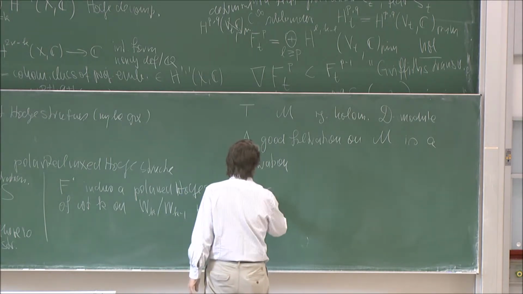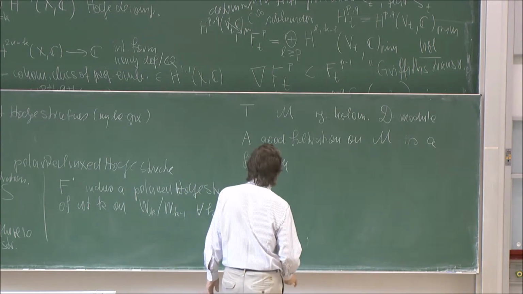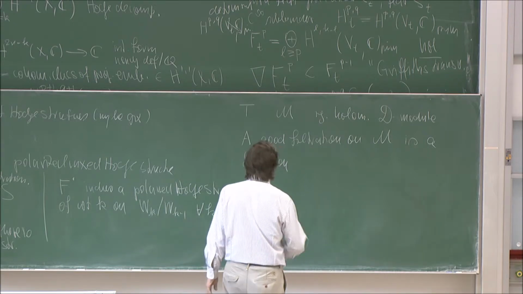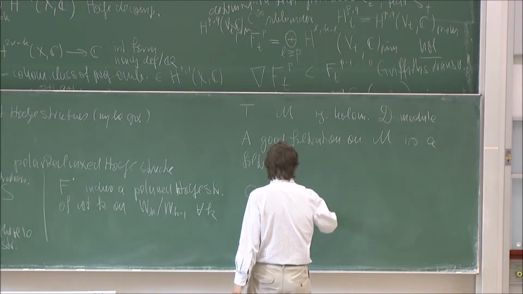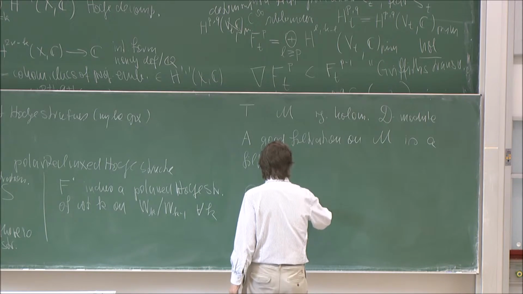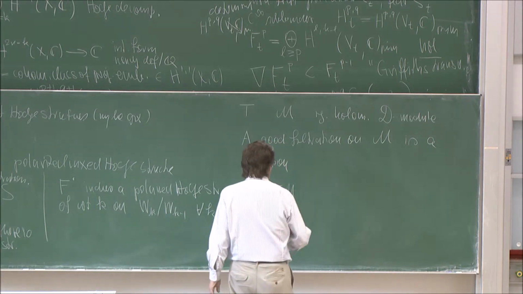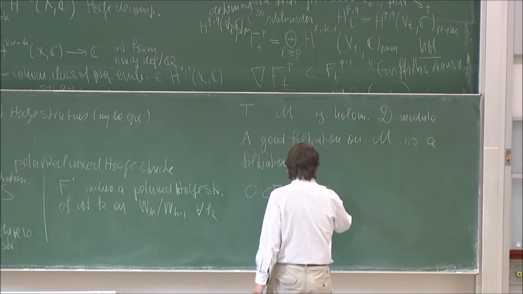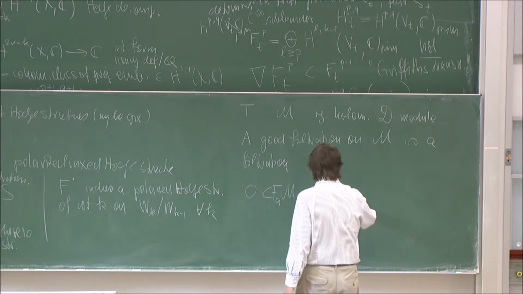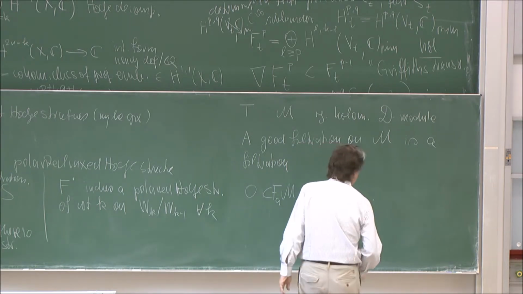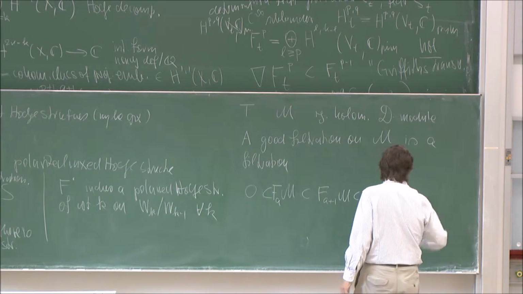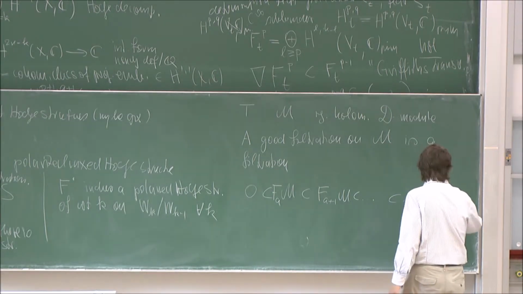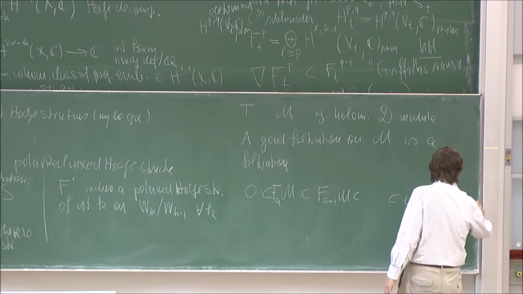It may not start at index 0, so let me say it starts at index A: F_A M is contained in F_{A+1} M, contained in, and so forth, contained in M, and M is the union of the F_P of M.